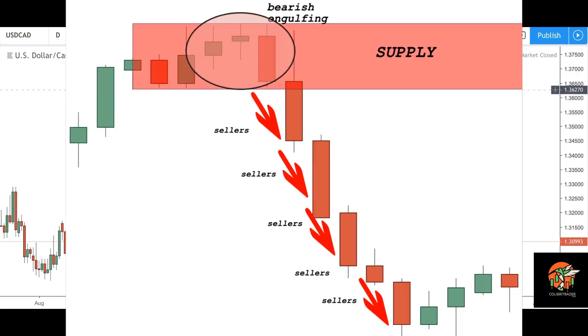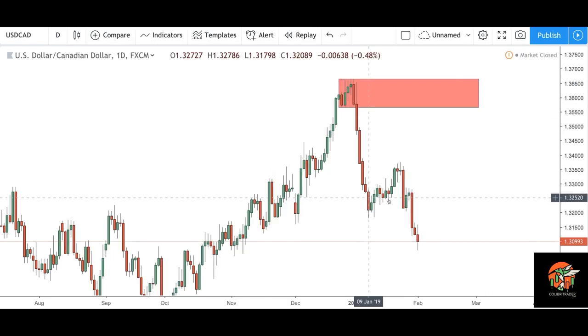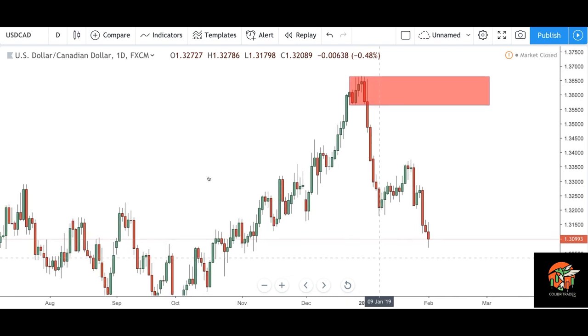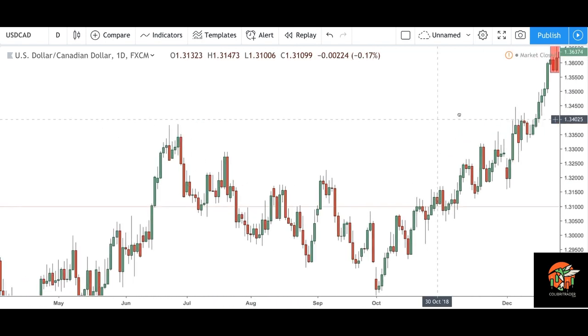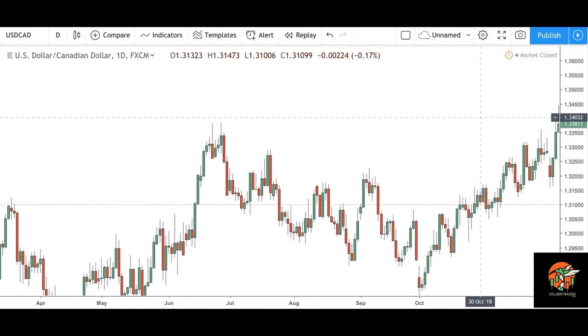This cluster formed a supply zone, after which you had this very sharp move to the downside, and then you had another cluster, and then you have the price going lower at the moment. So that's one zone. Then let's go back in time and try to find another similar cluster.